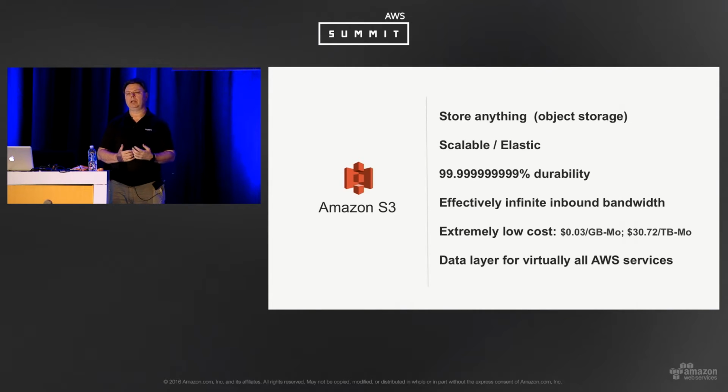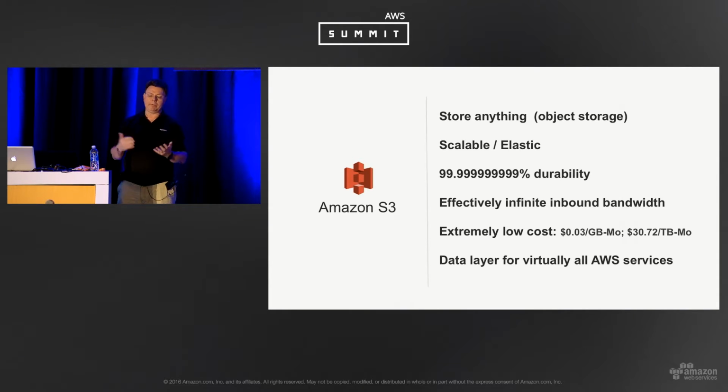It's scalable and elastic. Whatever amount of data you send to S3, it'll accommodate it. You don't need to pre-provision capacity or worry about growth in your data. S3 will automatically handle whatever new data you send to it.